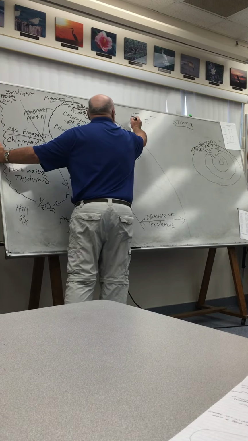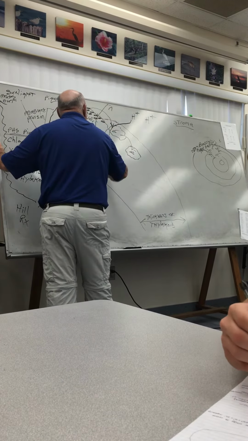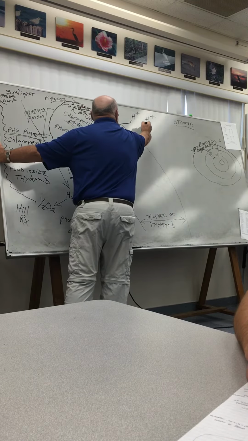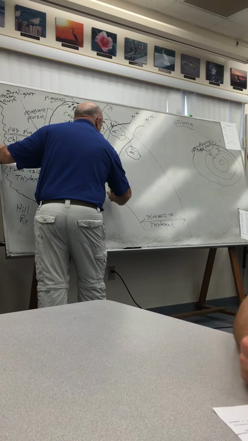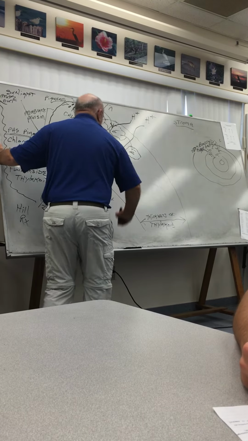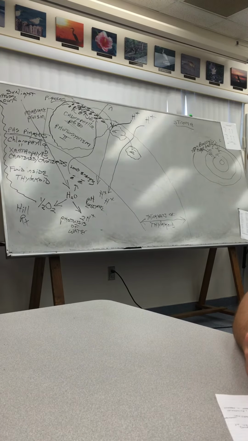So these hydrogen ions are being drawn through the membrane, and they're beginning to accumulate inside the thylakoid. If this happens a lot, just electron after electron after electron, what do you think happens to the pH of the thylakoid environment?